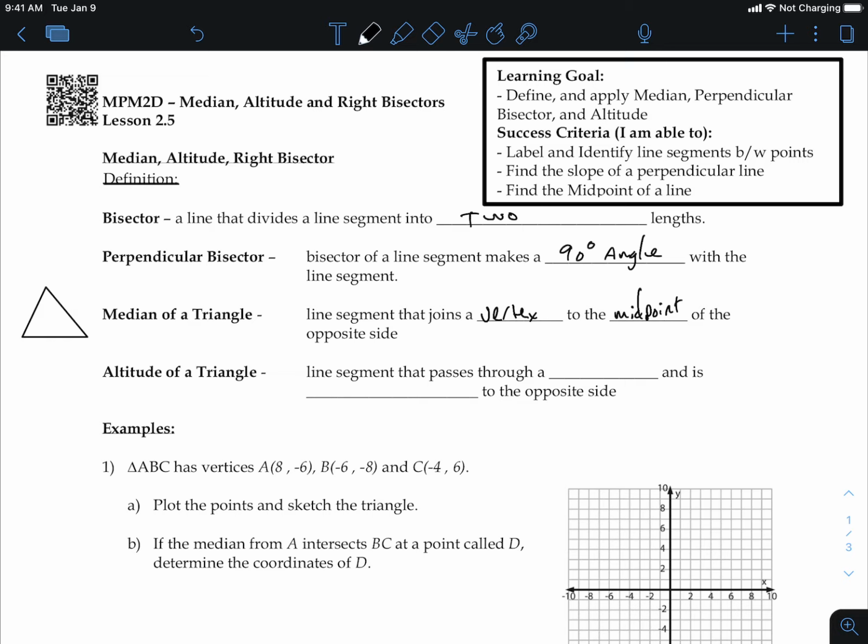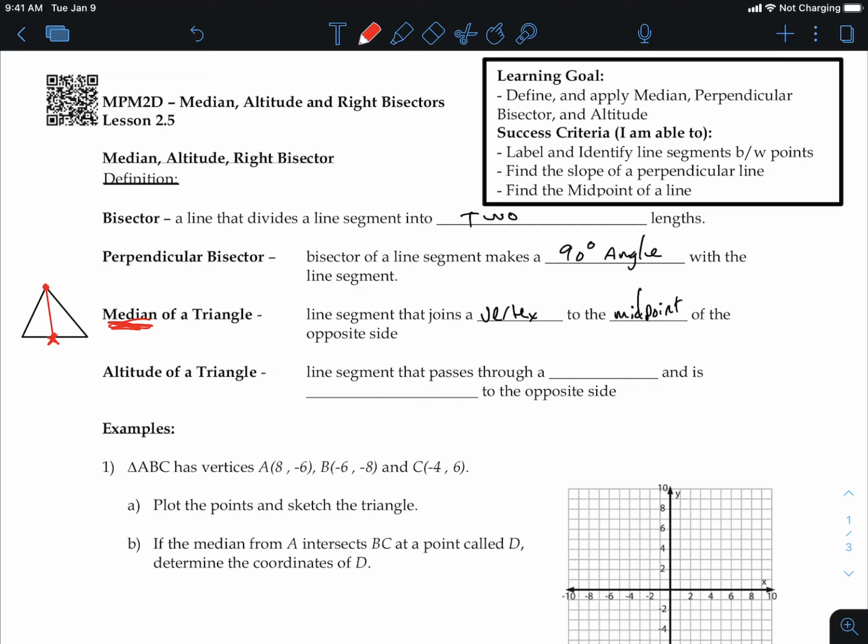The median goes from a vertex to the midpoint. The red line is the median, because we're roughly getting to the midpoint of the opposite side length. Okay, that's a median.